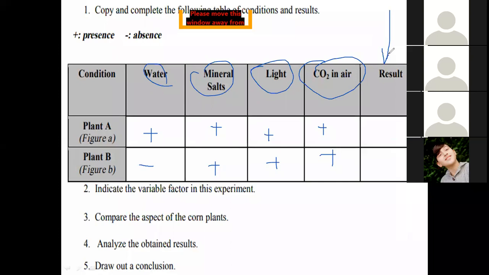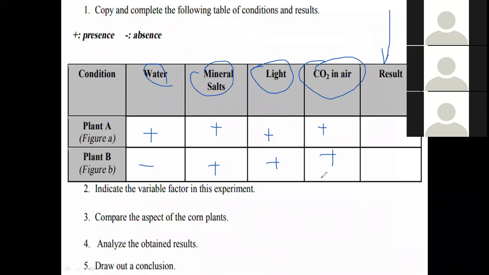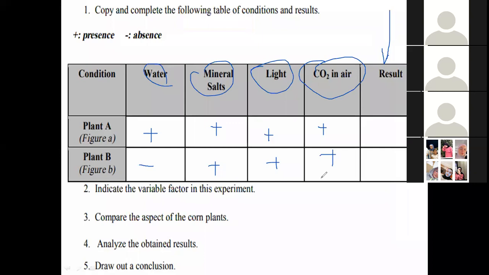The table is missing something. Who can tell me what the table is missing right now? Yes, Zainab. The results. For sure the results we are going to write, but it's missing something. You have to write it down.